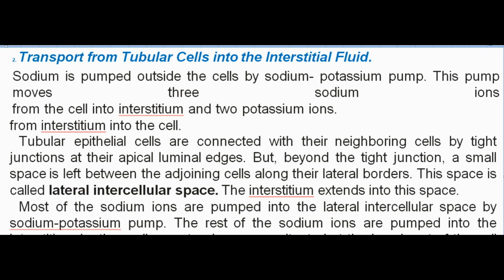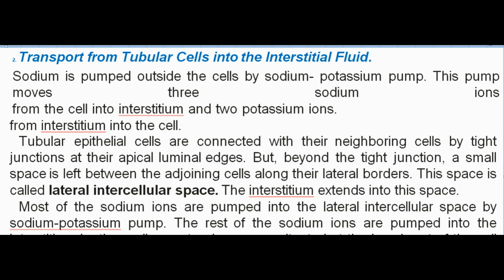Transport from tubular cells into the interstitial fluid. Sodium is pumped outside the cells by the sodium-potassium pump. This pump moves 3 sodium ions from the cell into interstitium and 2 potassium ions from interstitium into the cell. Tubular epithelial cells are connected with their neighboring cells by tight junctions at their apical luminal edges.